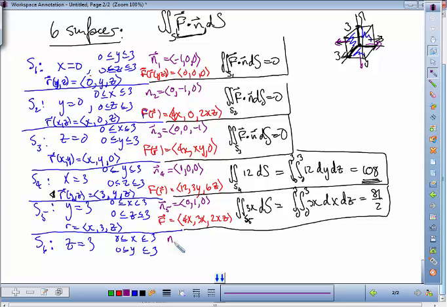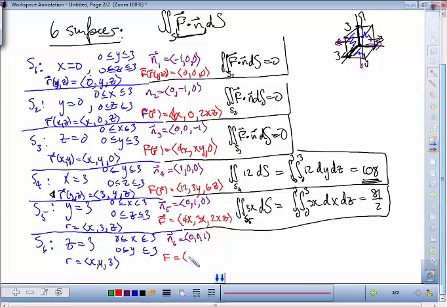This one, your n goes straight up because it's the top of the cube. So we have a normal vector 0, 0, 1. And your parameterization is x, y, and 3. And so put that into the function.